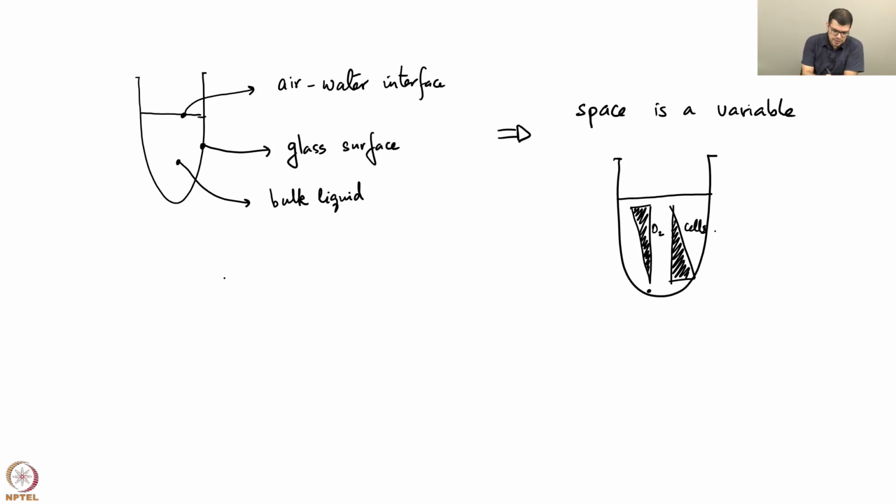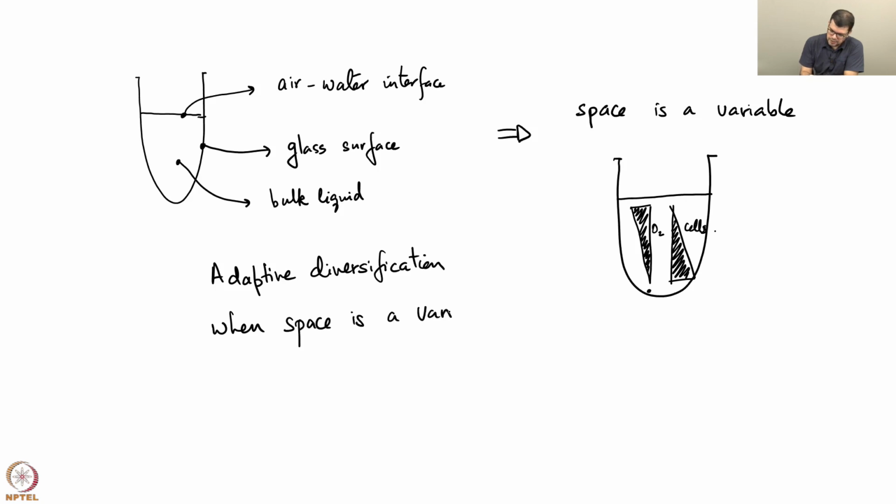So in this scenario, we see adaptive diversification take place when space is a variable. And this is a classic paper from 1998, Travisano, which demonstrated that Pseudomonas, the bacterium, could diversify in a really short amount of time.